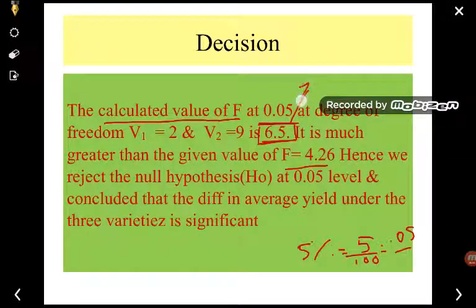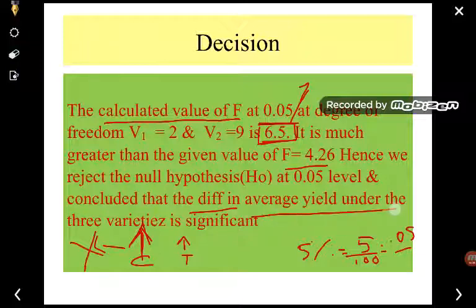This calculated value is greater than the tabulated value, and hence we reject the null hypothesis. I already said that if the calculated value is greater, then we reject the null hypothesis. Hence we accept the alternative hypothesis. Hence we reject the null hypothesis at 0.05 level and conclude that the difference in the average yield under the three varieties is significant.